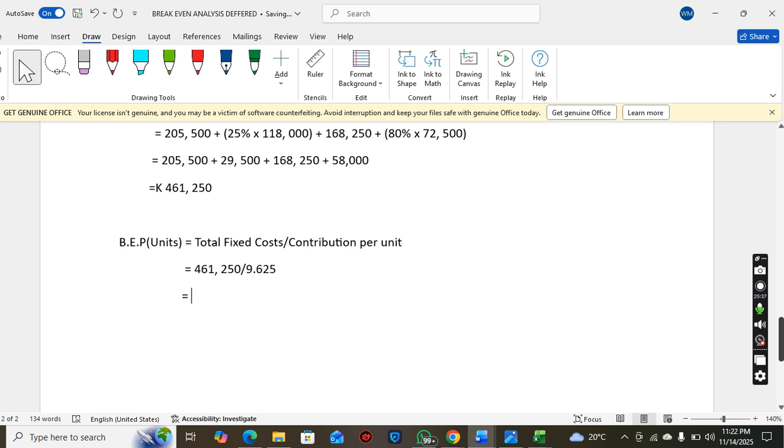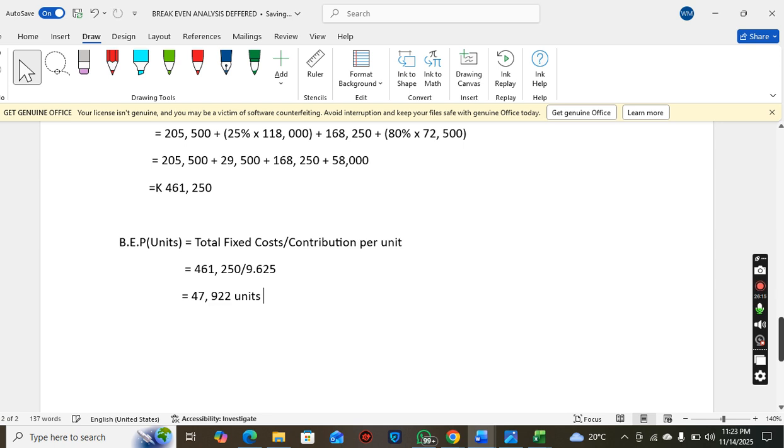We get 47,922 units. Okay, rounded off, it's 0.077, so we can just round off to the whole number, 47,922 units. So if they produce this amount of units, they will break even, meaning no profit, no loss.